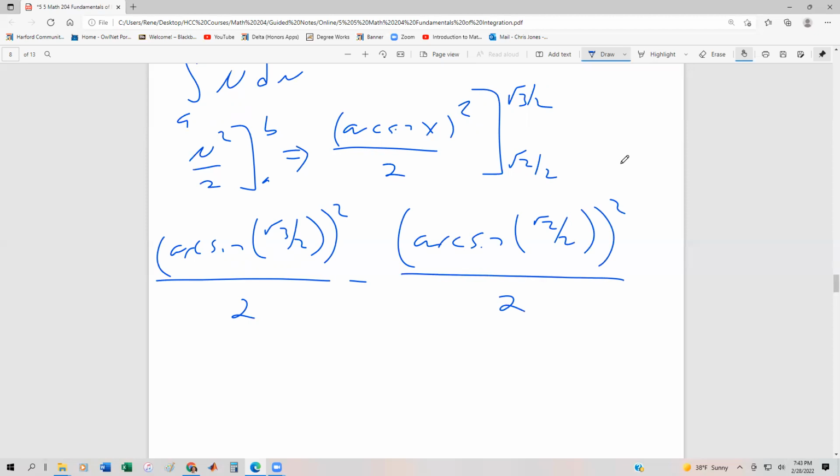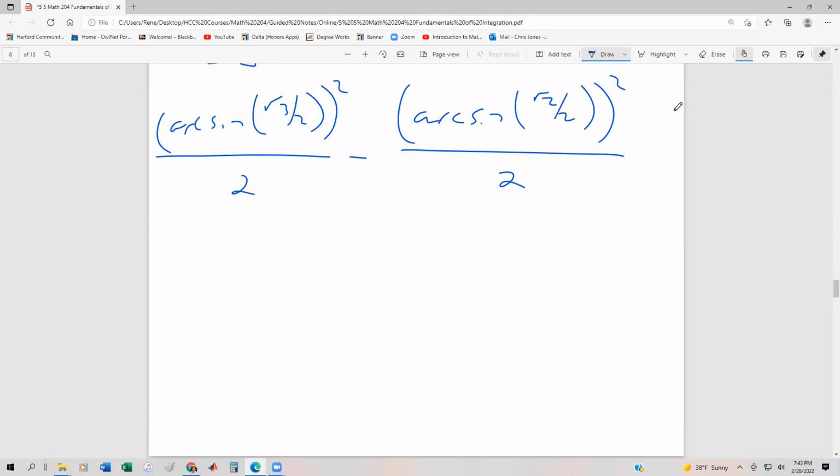All right, so again, it's helpful for us to have our unit circle to try to evaluate this. What we're looking for is the angle theta where sine of theta gives us root 3 over 2, and sine of theta gives us root 2 over 2. In our first quadrant, this is what our unit circle looks like.